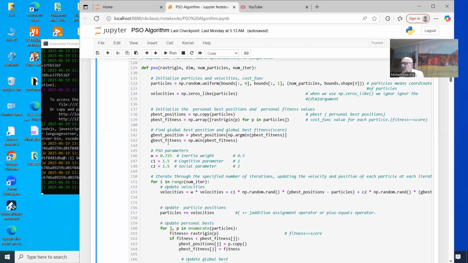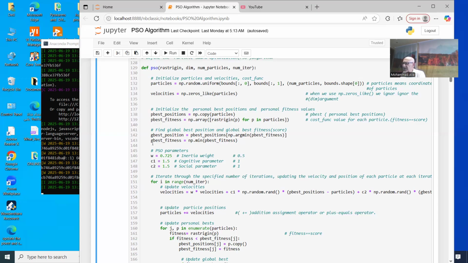Now, we need also to find the global best position and the global best fitness on the level of the whole swarm. But now we have an array of personal best positions. This is an array, and there is a value for each particle which has its position, and we need to select from these personal best positions the one which has the minimum value.